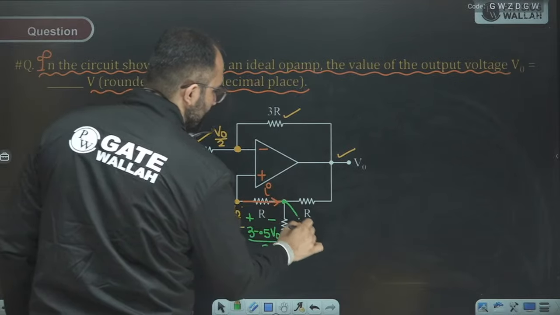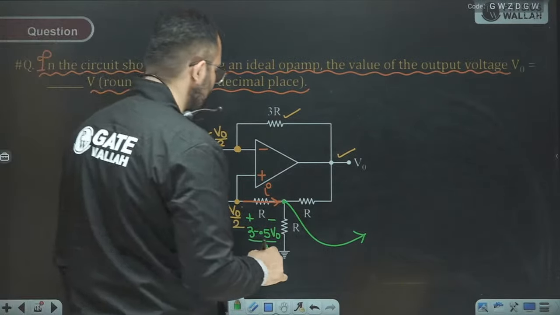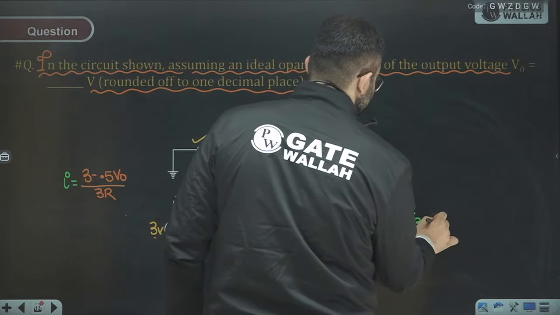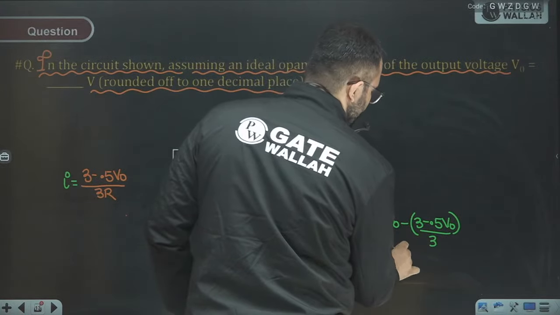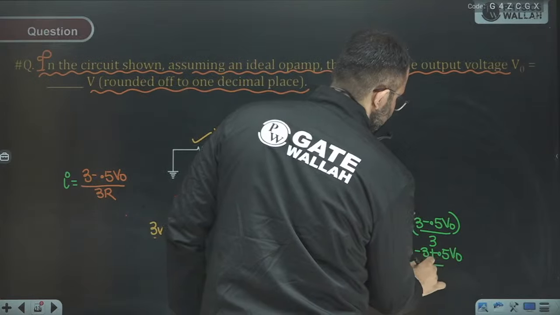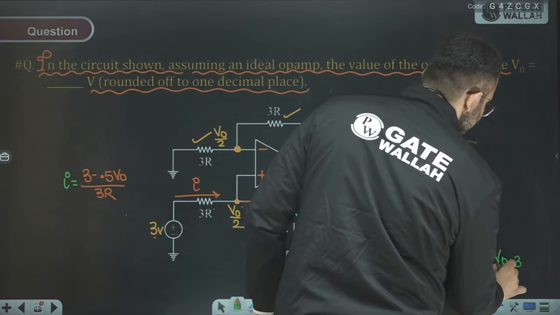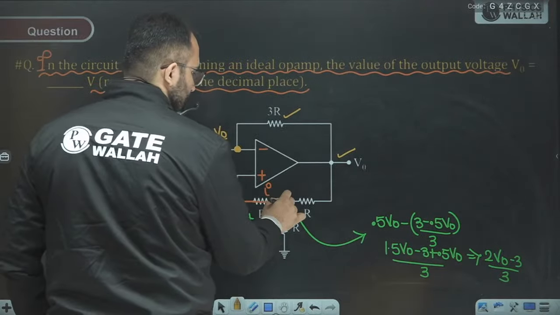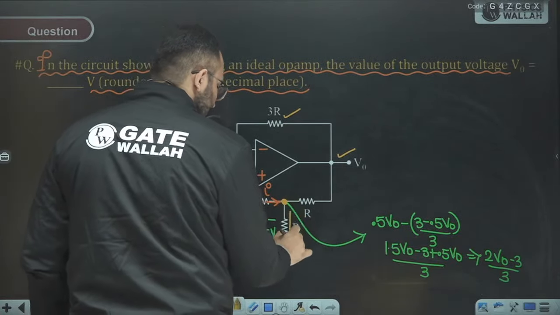The voltage at this terminal will be VO by 2, or 0.5 VO, minus that, which gives 1.5 VO. So 2 VO minus 3 divided by 3 is this voltage. Now you can see that the current will leave from this terminal.